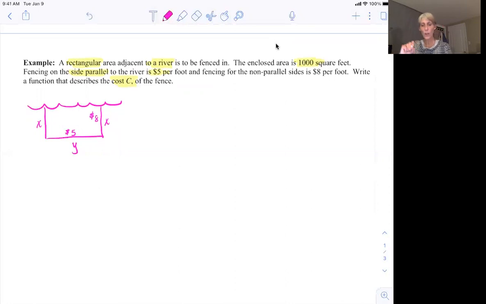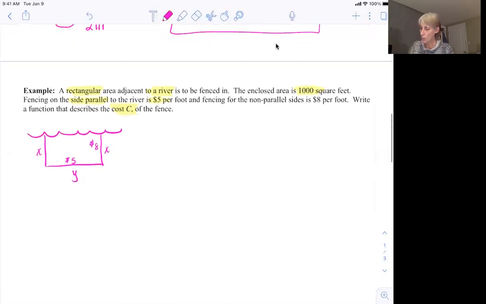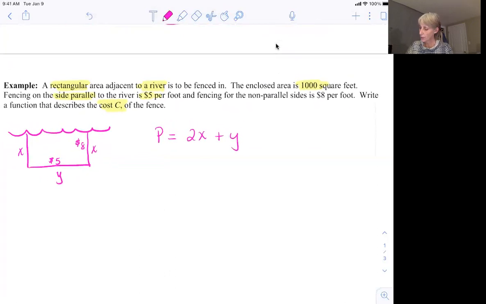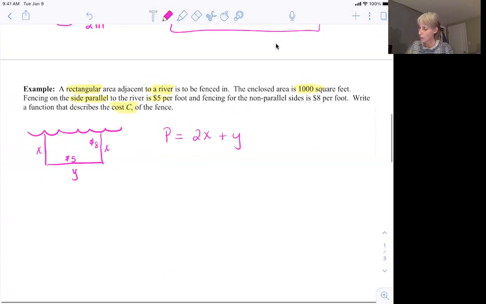Okay, so first of all, we have to think about what we're starting with. So we're dealing with fencing. We want to know how much it costs. So how much it costs is going to depend on how much you use. So my perimeter is going to be 2x plus y.